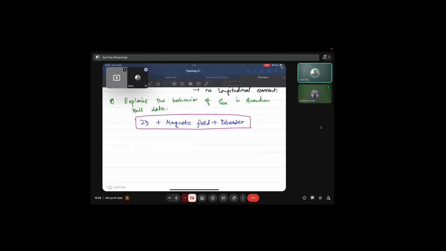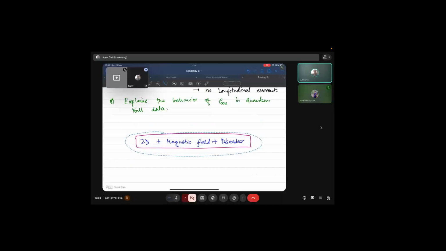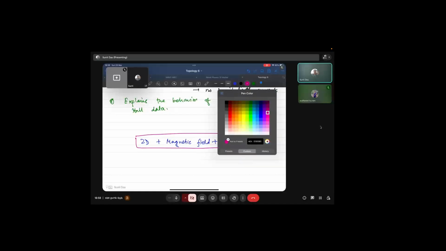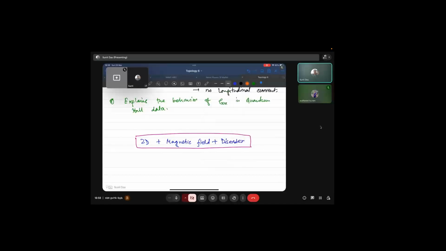Now the question we are trying to address is the plateaus of Rxy. This is now our target to understand, and for this we need to introduce another concept, which is the edge physics.